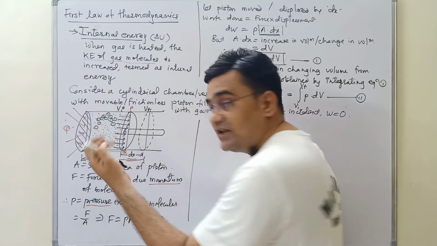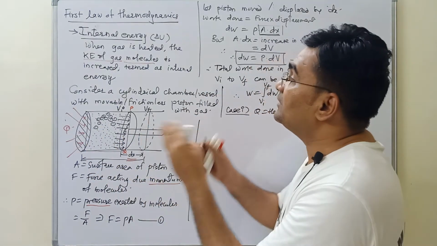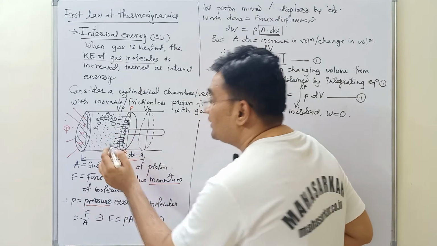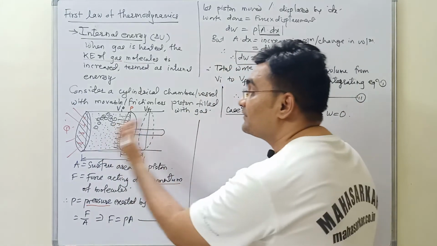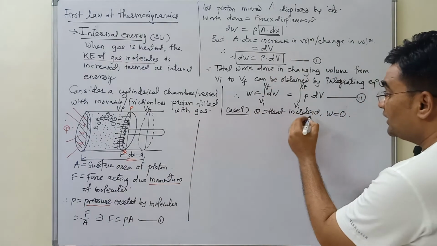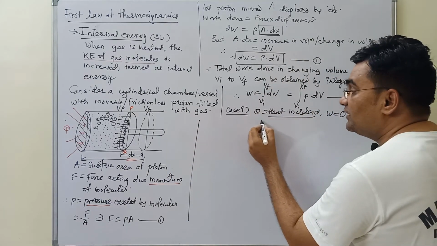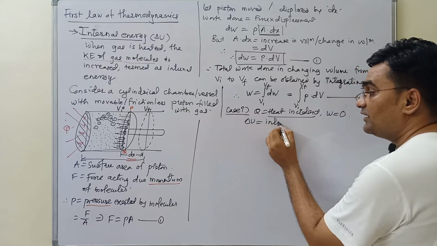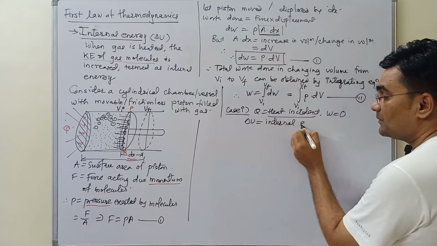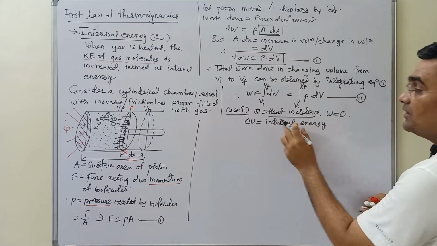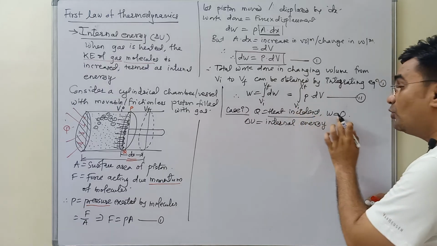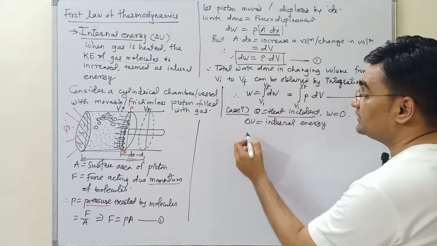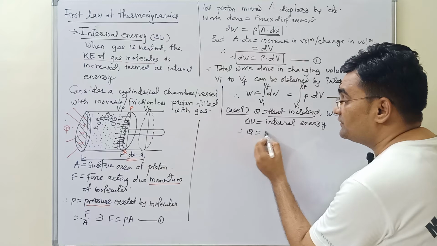They are consistently gaining kinetic energy and striking with more force here. But as that energy is not enough, the piston is not moving. In that case, the heat incident is directly used by the molecules as internal energy. So if heat is incident but work is not done, then the energy used is nothing but internal energy.